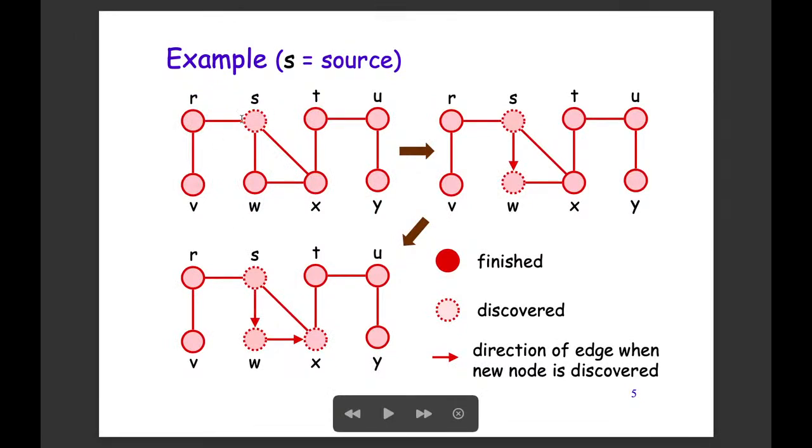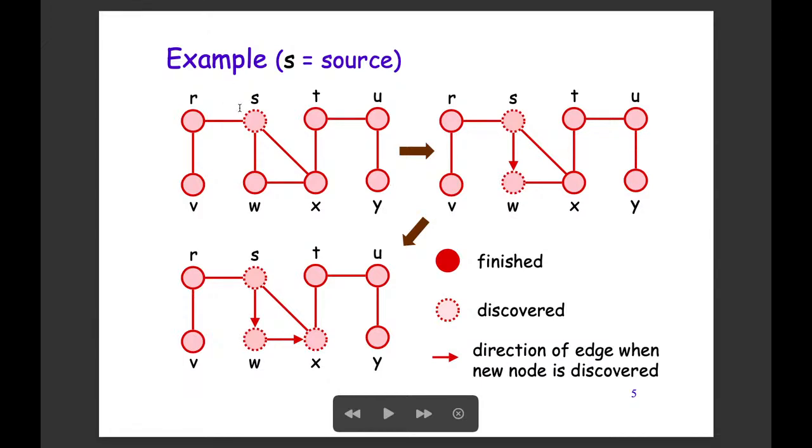We start from a certain node. We will next visit all the step 1 nodes away from it. So from S, we will visit R, W, and X. After this big batch of processing, we will try to visit all the step 2 nodes from S. So we will next visit V and T. And after that, we will visit the step 3 nodes. So we will visit U, and then finally we will visit Y.